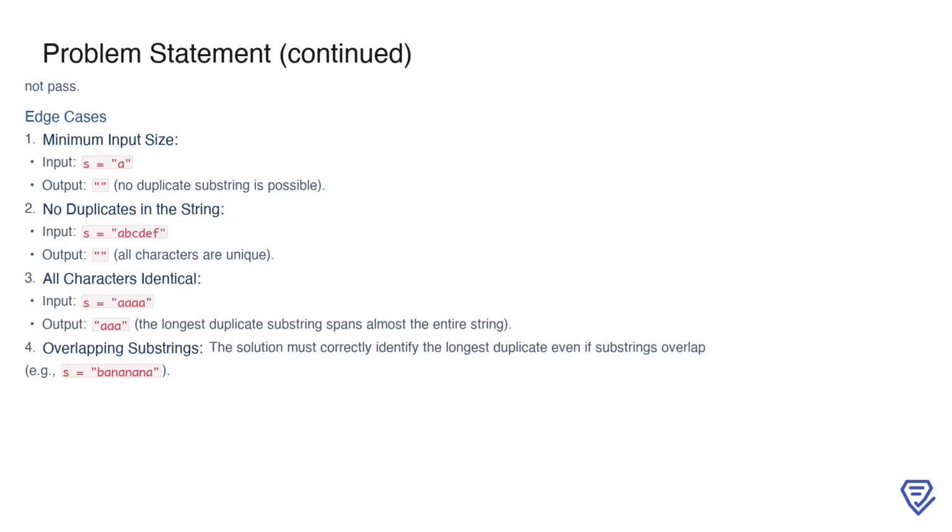On the other hand, if all characters in the string are identical, such as S equals AAAA, the longest duplicate substring will span almost the entire string, resulting in an output of AAA. Another important edge case involves overlapping substrings, as demonstrated by strings like S equals banana. The solution must handle these cases correctly and efficiently to ensure accurate results across a wide range of inputs.